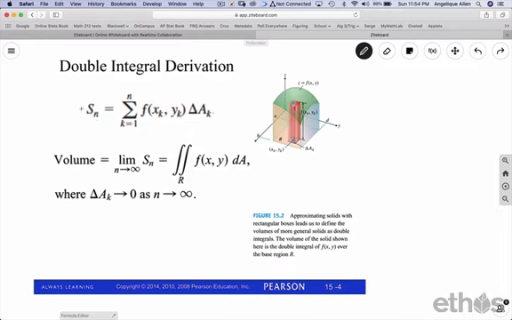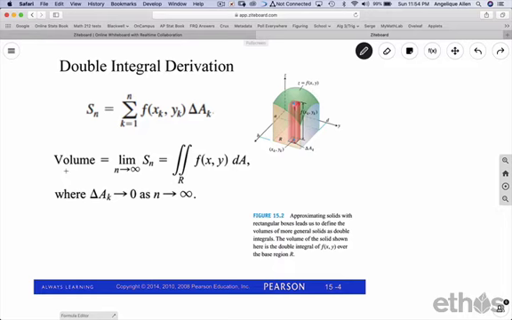S stands for the Riemann sum of n partitions, or little rectangles. And so I told you k was the number of a rectangle, and so there are n rectangles, and k goes from 1 to n. And this is the sum of a value of the function at this particular point times delta A, so the change in area.